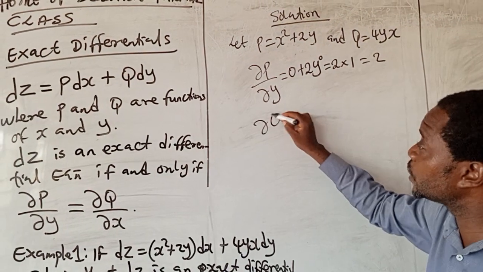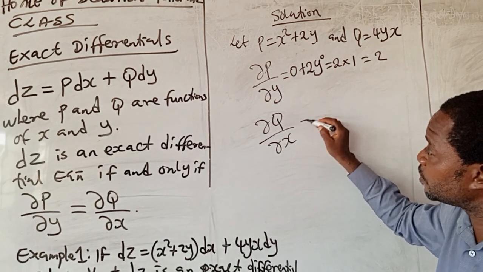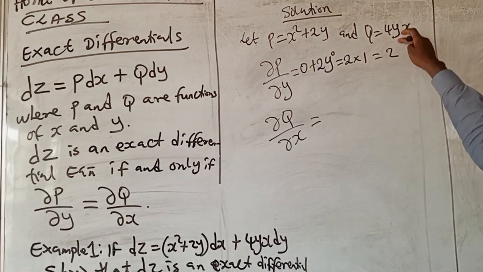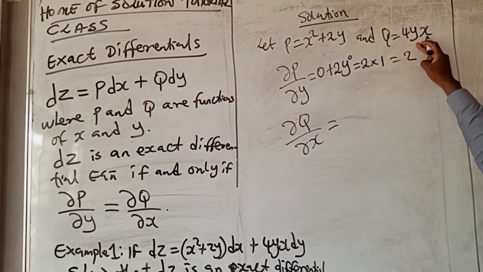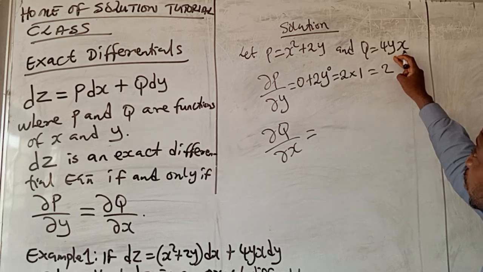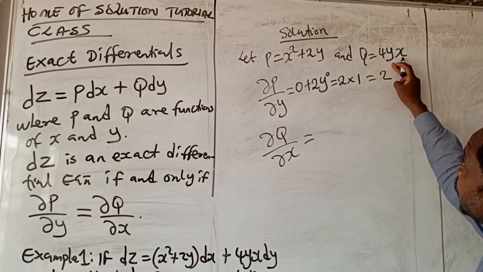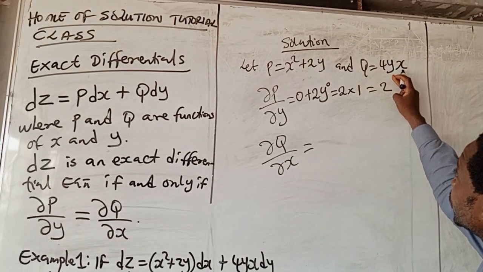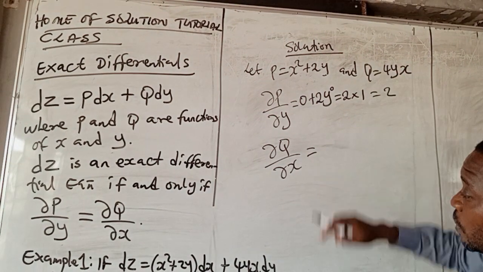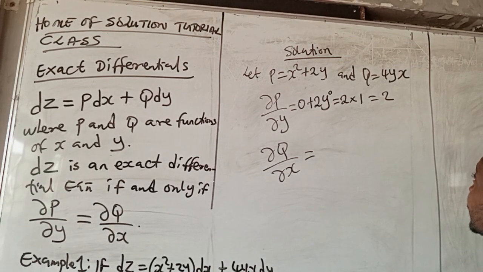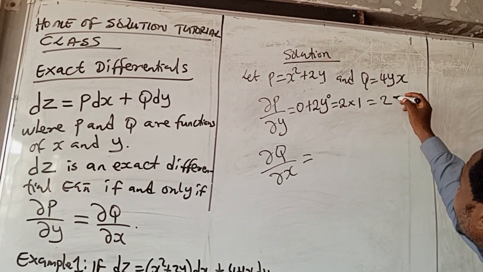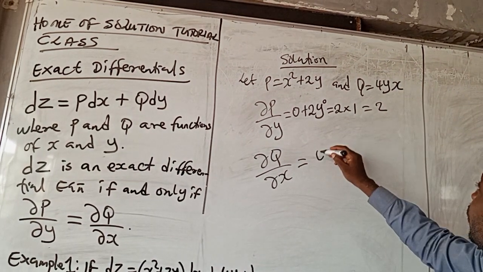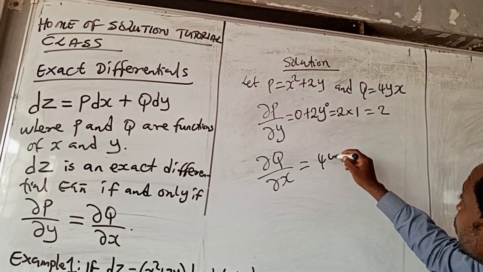So you also differentiate q partially with respect to x. If you come here, there is x here, so this 4y you treat as constant. When you differentiate, it's going to give you 4y times 1.